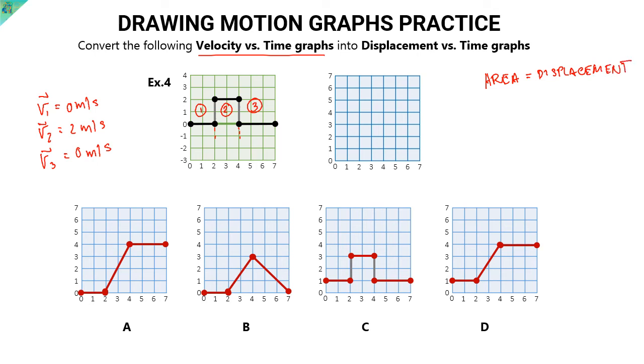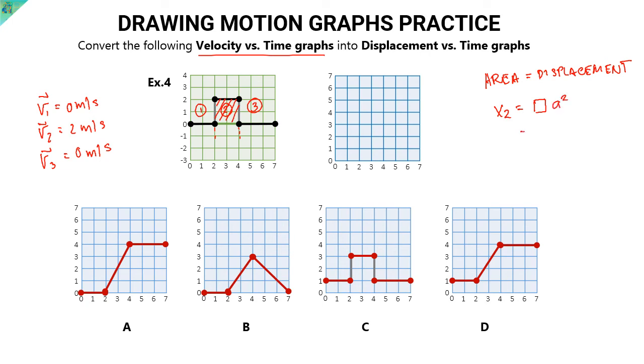In order for us, for example, to search for x2, we need to find the area of this situation here. And the formula for the area of a square, since it's a square, is a squared.